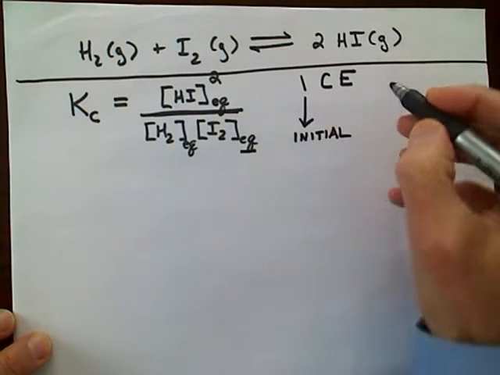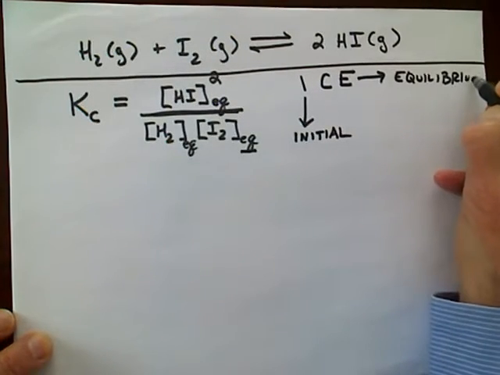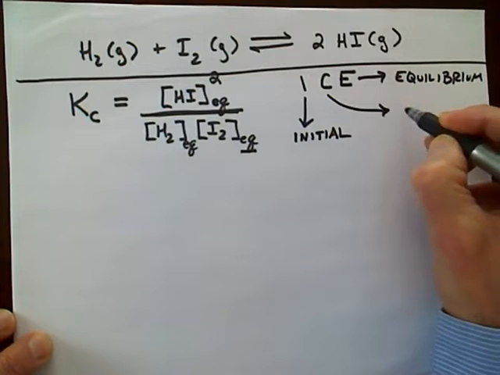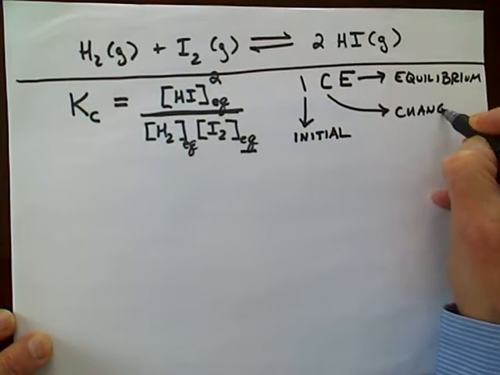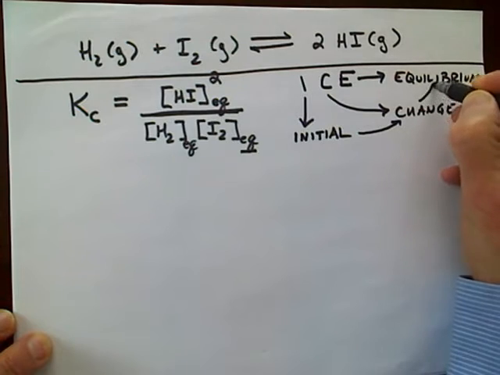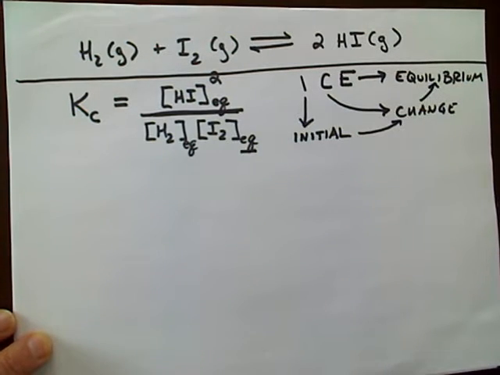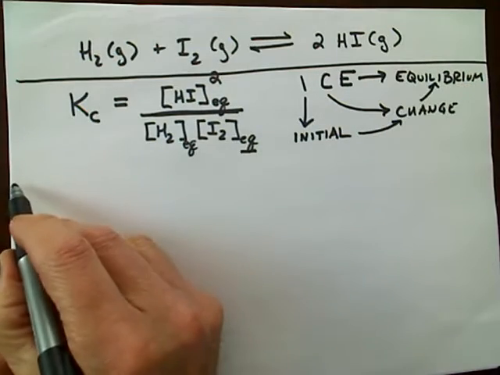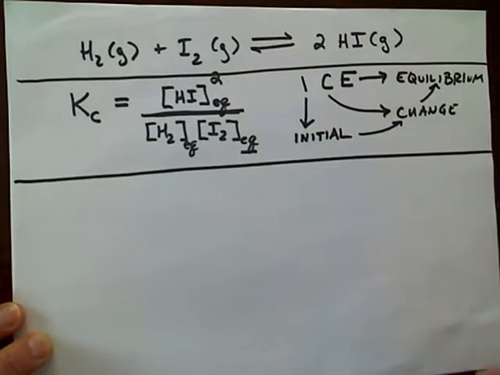E, of course, stands for equilibrium. And C stands for any changes that occur as we move from the initial conditions through the change to equilibrium.